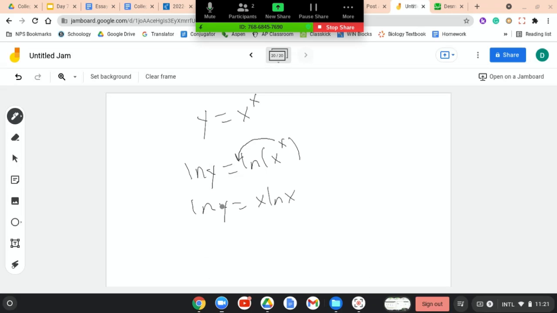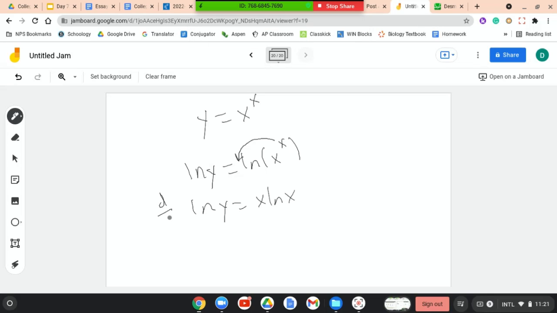Now, if I want to find the derivative of this, I can use implicit differentiation. I'll just take the derivative with respect to x of both sides. We cool with that? So if we want to find the derivative of the left side, we have to take the derivative of ln y with respect to y, which is 1 over y. Right?